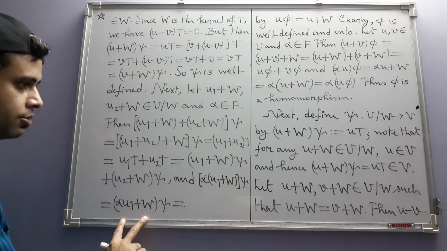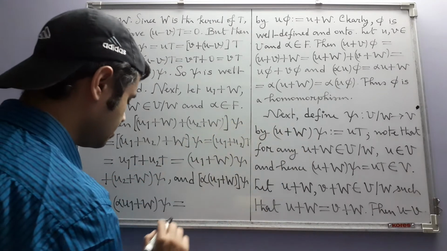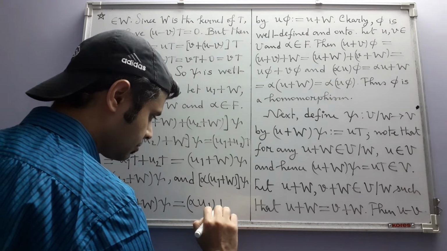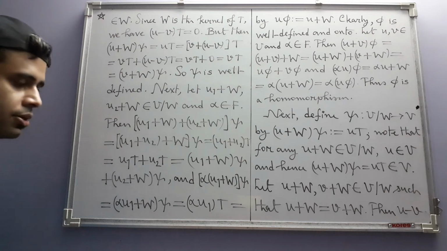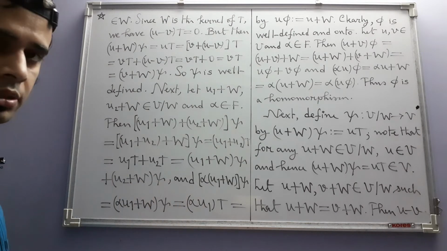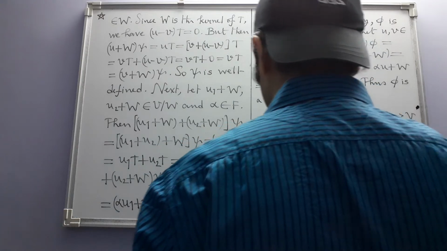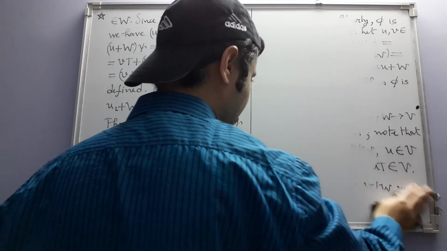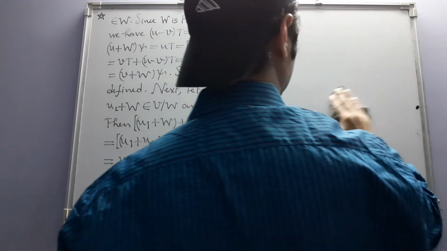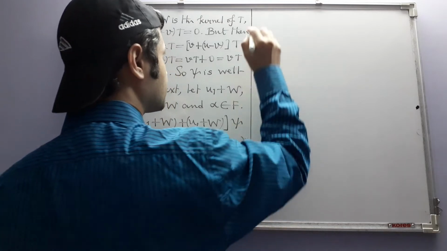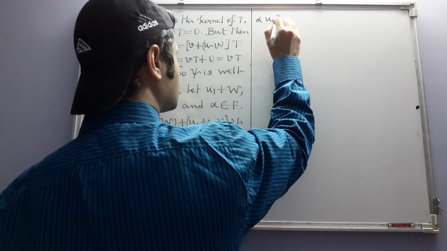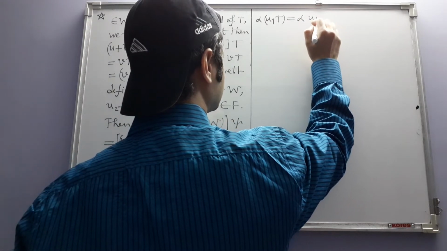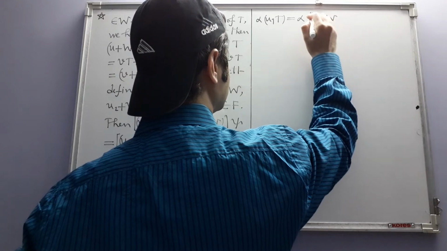Okay, so now I am going to apply the definition of this function. (alpha times u1 plus W)psi is equal to (alpha u1)T, but again, because T respects multiplication by scalar and u1 is a vector in capital U, this will be equal to alpha times u1T, and that is equal to alpha times (u1 plus W)psi.